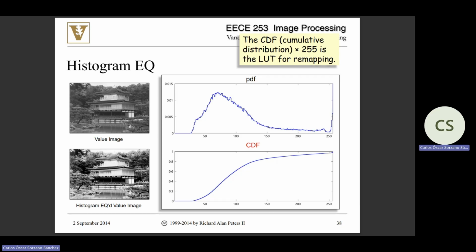This is your lookup table. In this lookup table, I have a value here, let's say a value 100. So for a value 100, I go to the CDF, and a value 100 has to go to 0.55. Then I multiply by 255, so I scale it back to 255, and that is my new value.